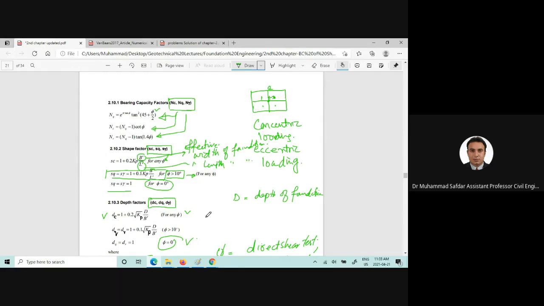And then the comparison is also given with the finite element software, which is known as Plaxis, which is a very powerful tool to find out the shear failure or bearing capacity and settlement analysis or the stability analysis. Okay, so I will show you a paper.